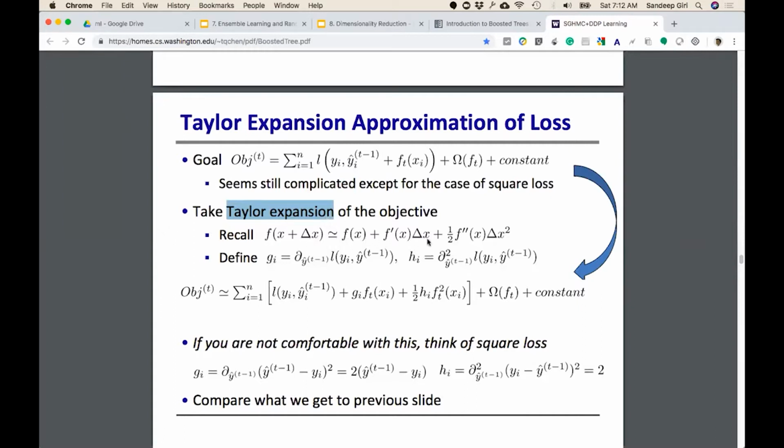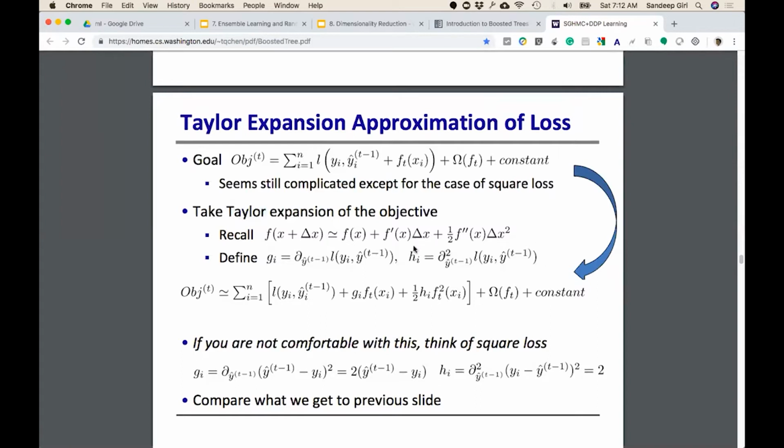It's an infinite series. The next term is the third derivative divided by 3 factorial, times delta x cubed, and so on. This expansion was developed in the 1800s, and it's very useful and interesting.